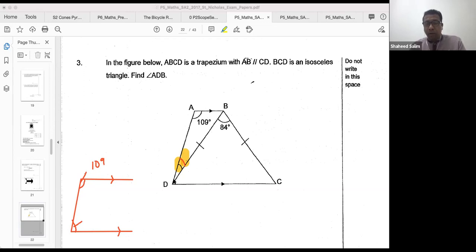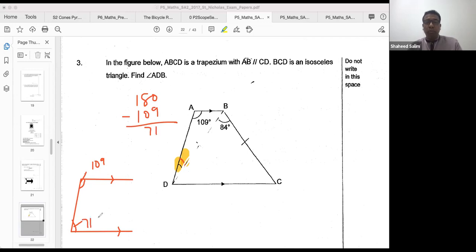Imagine we cannot see this. I'm only showing you this part here, down here. So you take 180 minus 109. What do you get? You will get 71. So down here is 71.